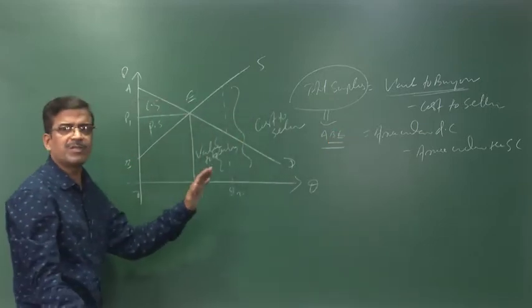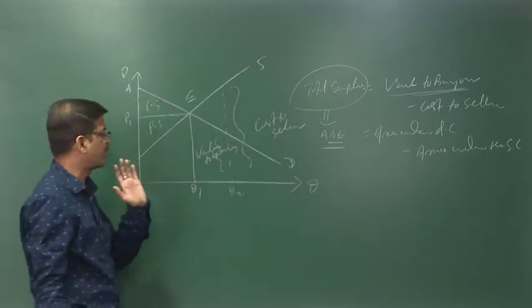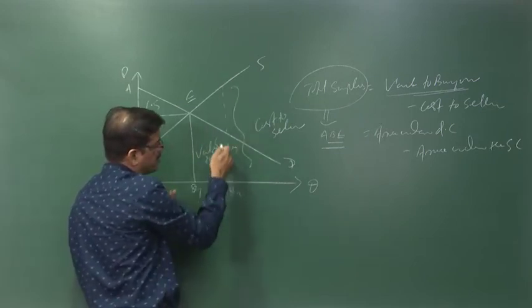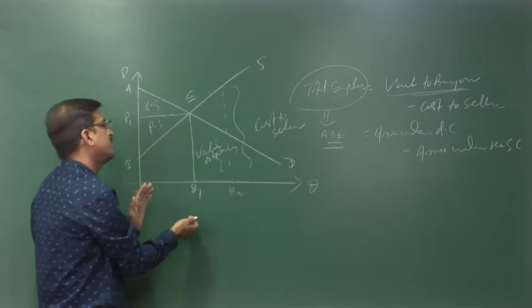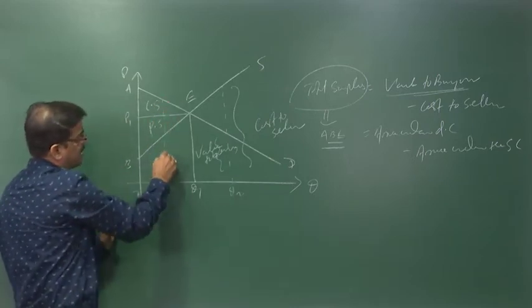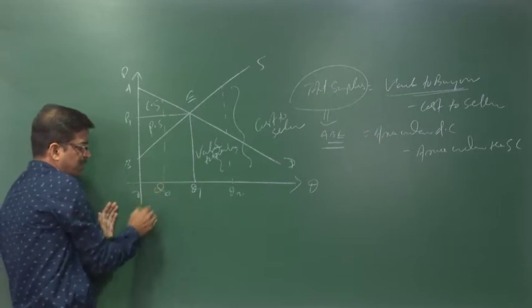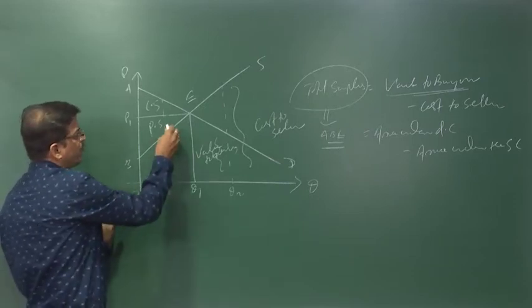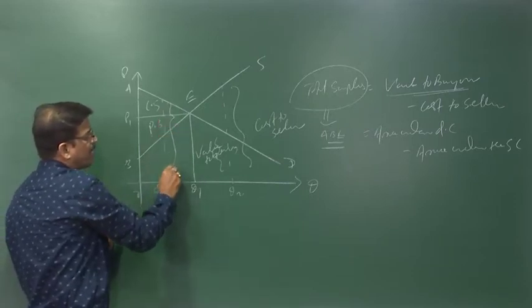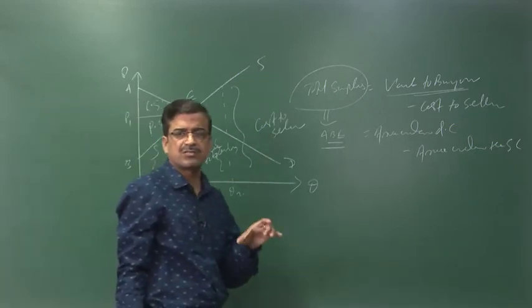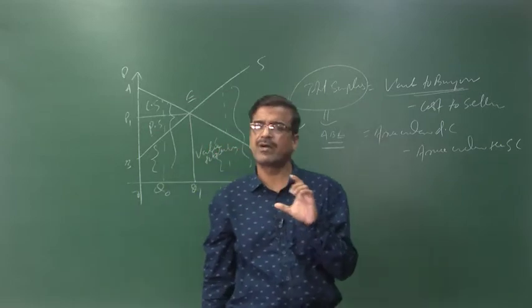Okay. If you move to the left side or right side of it, what do you find? If you move to the right side, we find the cost to the seller is much more than the value to the buyers. In the same manner, if you move to the reverse side, towards the origin, where less is supplied, let us say Q0, then the value to the buyers is much more than the cost to the sellers. The cost to the seller is very low, and the value to the buyer is much more.